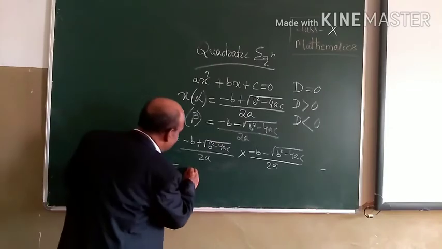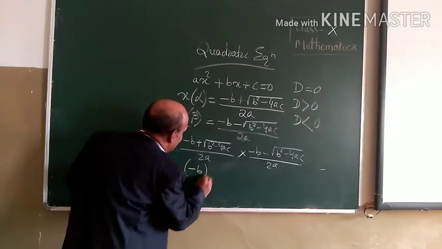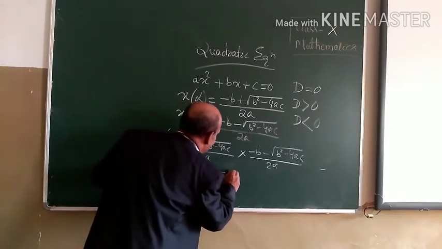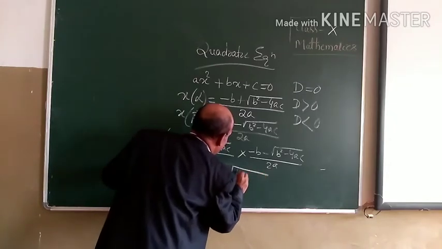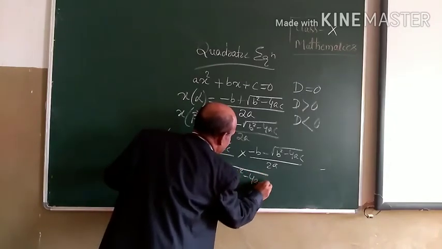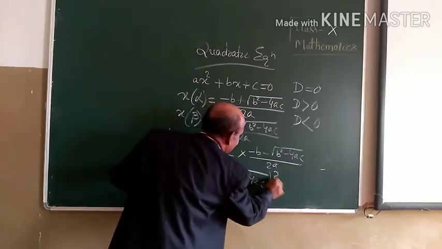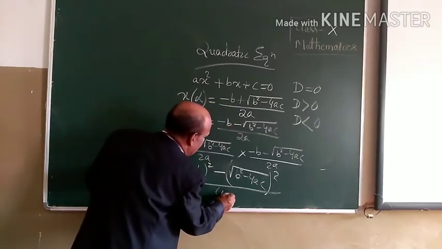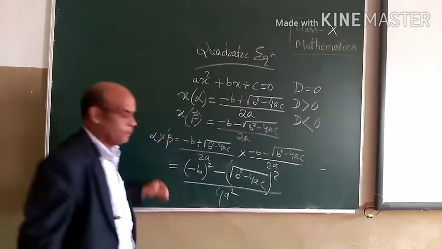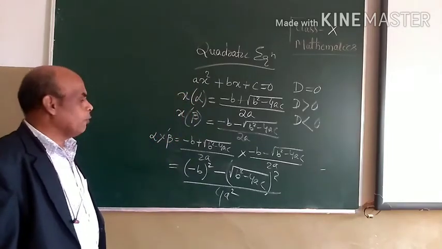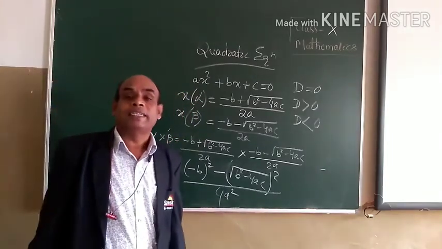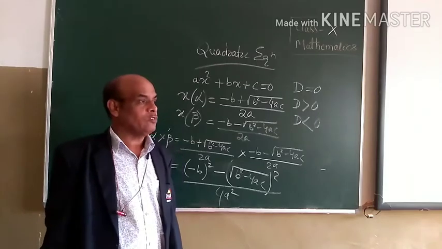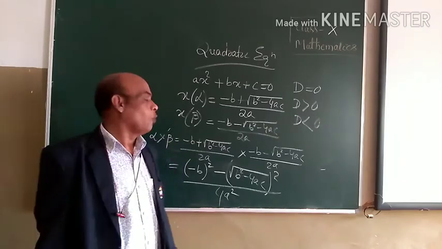The product result is x square minus y square. According to that, we write the whole square of minus b minus the whole square of root of b square minus 4ac, divided by the whole square of 2a, which is 4a square. According to the formula, x plus y into x minus y equals x square minus y square.